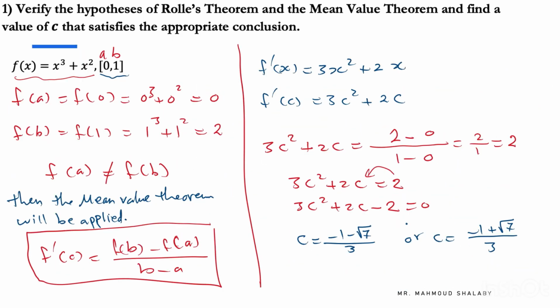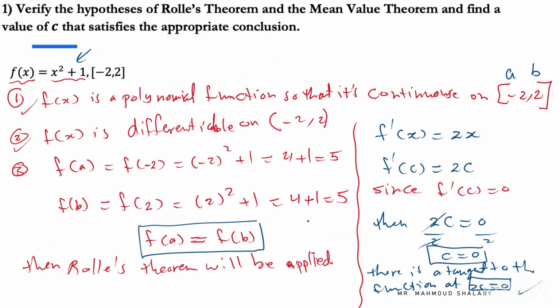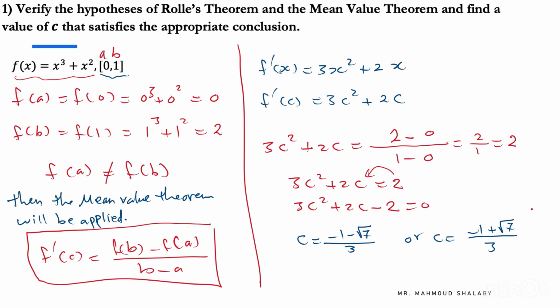Alright, and actually I forgot to do this here, sorry guys. For c equals 0, you have to ask yourself, does this value of c belong to the interval? The answer is yes, so we have to write this down. We say c equals 0 and belongs to the interval -2 and 2. This symbol means belongs to, so 0 belongs to the interval, and this answer will be accepted.